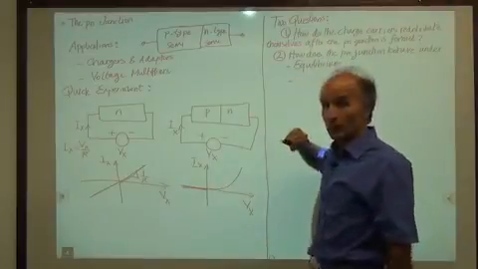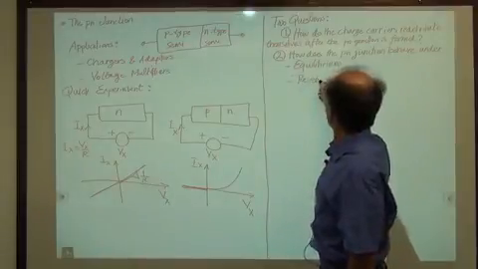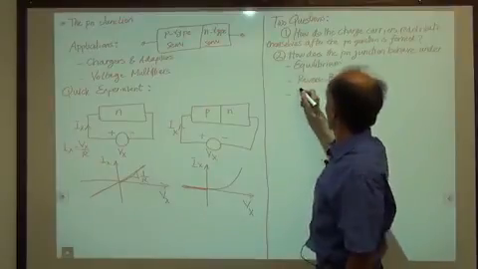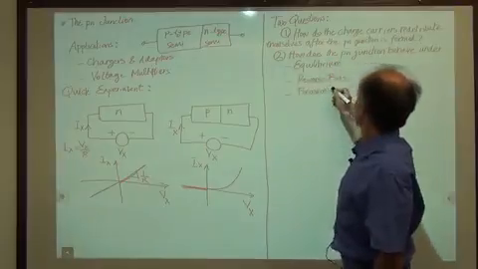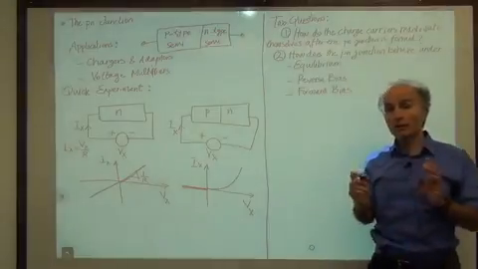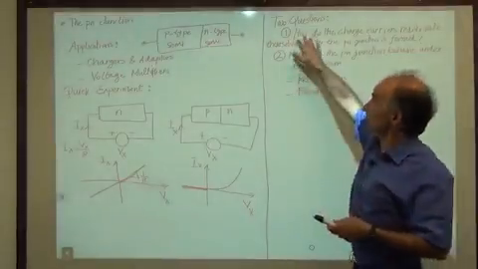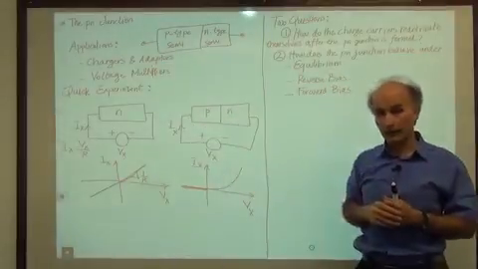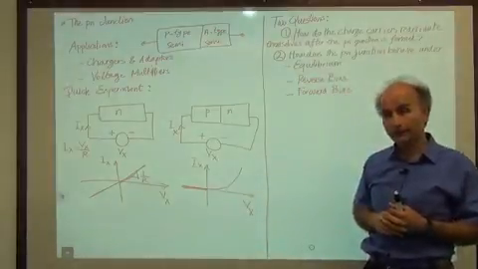Condition number two is what we call reverse bias. And number three, forward bias. These are all unfamiliar words and expressions. Don't worry, we'll get there. But these are two questions that we need to answer so that we understand how the p-n junction behaves, and eventually reach this type of characteristic.